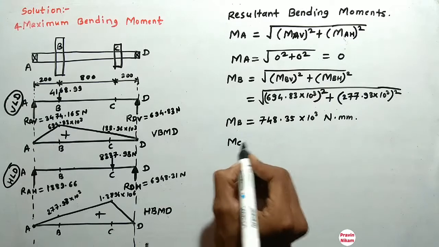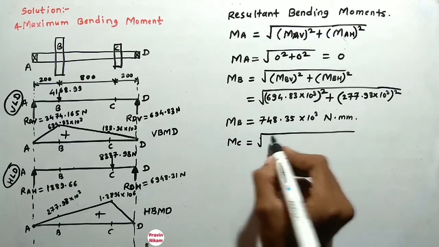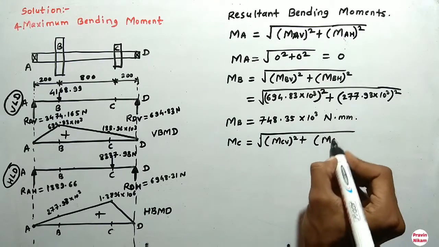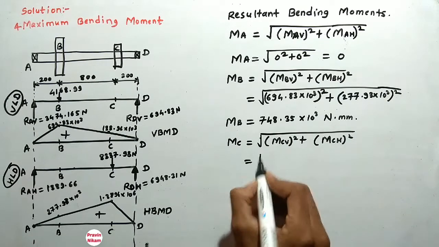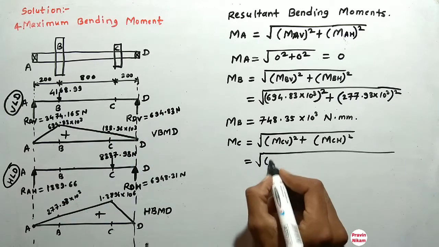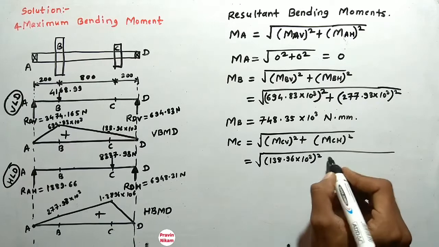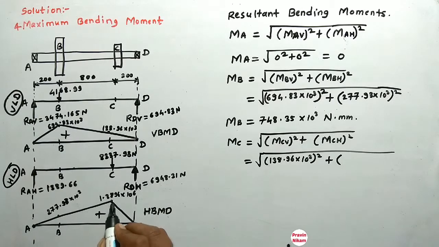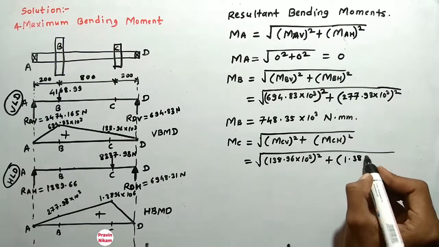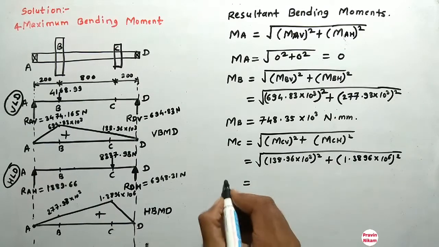This is MB. Now MC, the resultant bending moment at point C, is equal to root of MCV square plus MCH square. So that is equal to root of 138.96 into 10 raised to 3, squared, plus MCH, 1.3896 into 10 raised to 6, squared.